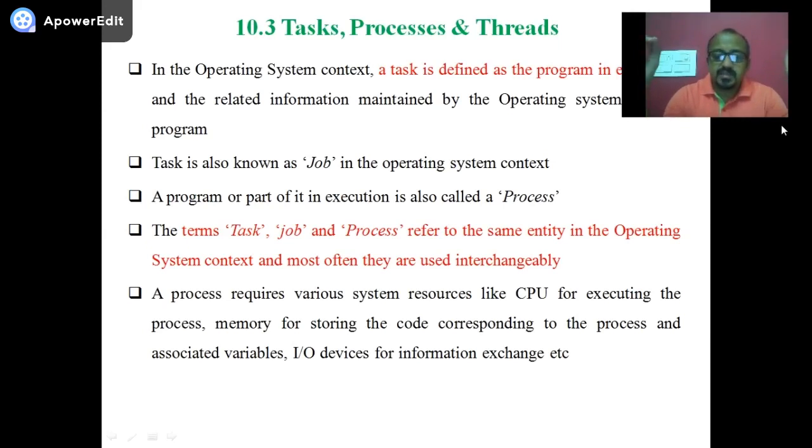The most important system resource in any embedded system is the CPU, the central processing unit, or ALU, arithmetic logical unit, which provides processor time for executing the tasks. Memory is needed for storing the code corresponding to the processes and associated variables, and I/O devices for information and actions are required. But the most important among all these is CPU time.